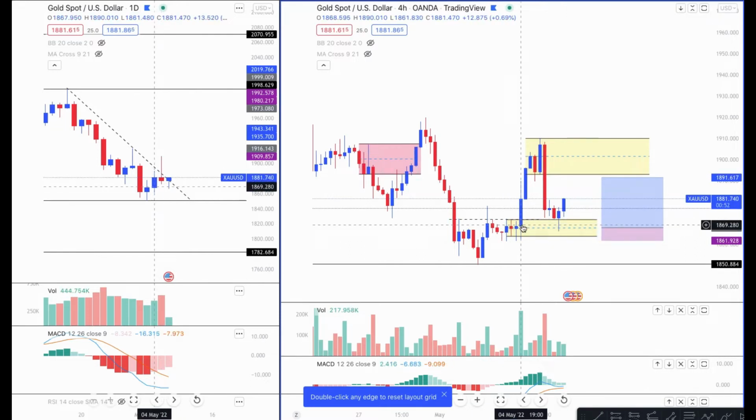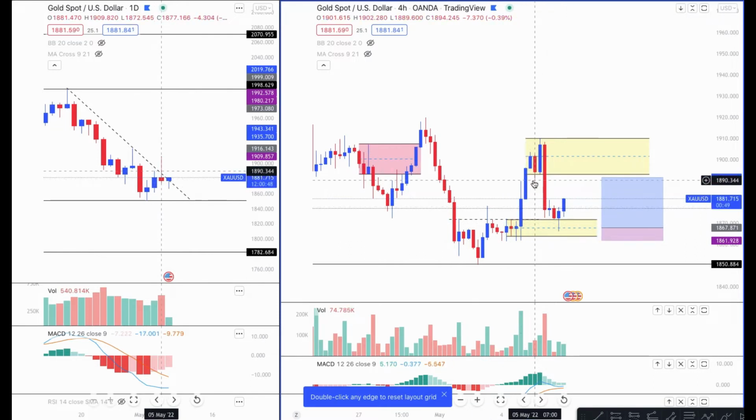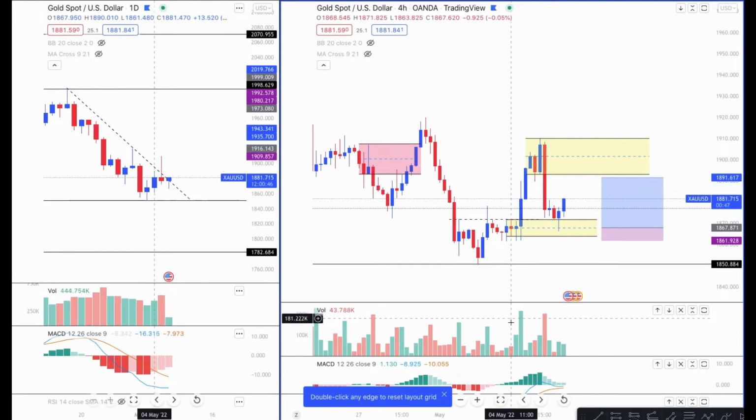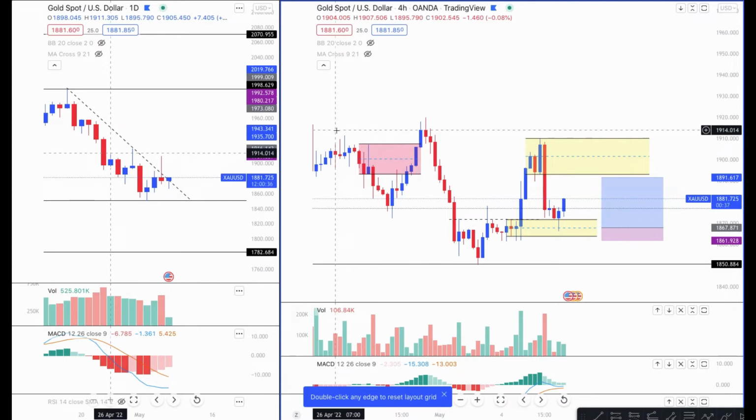I also wanted to see the break above close with strong, sufficient volume to accompany it, which we got. Although we did not make a higher high, we did not take out this resistance above here. We didn't even really get close to it, which signifies that the price is dropping further.